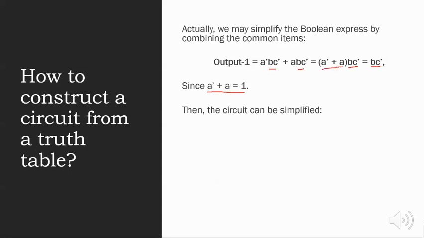Then the circuit can be simplified as below. Just B and not C through an AND gate, we get output 1.